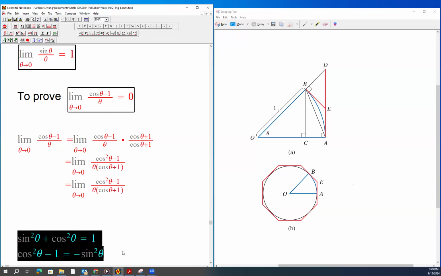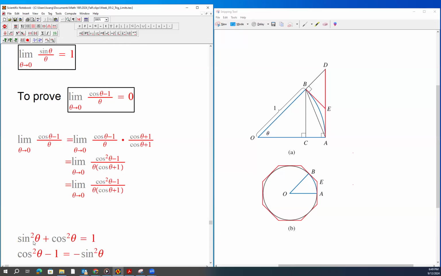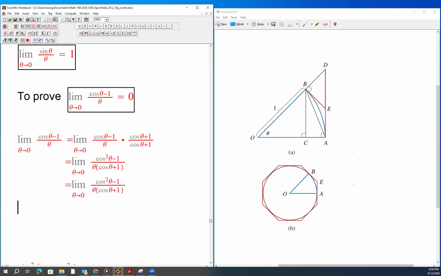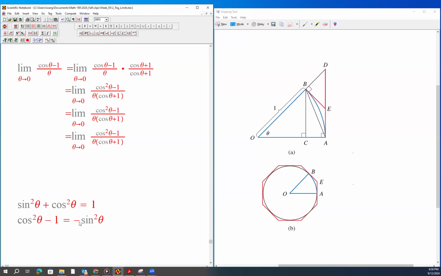Okay, so this is the part you're going to just work on the scratch paper. So next step, we're going to substitute the numerator, which is cosine squared theta minus 1, by negative sine squared theta.